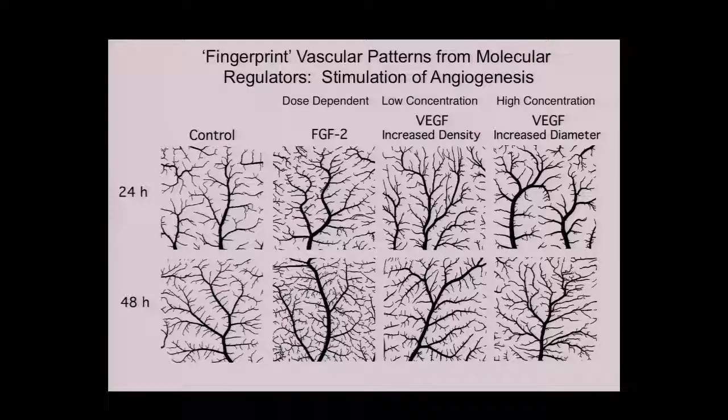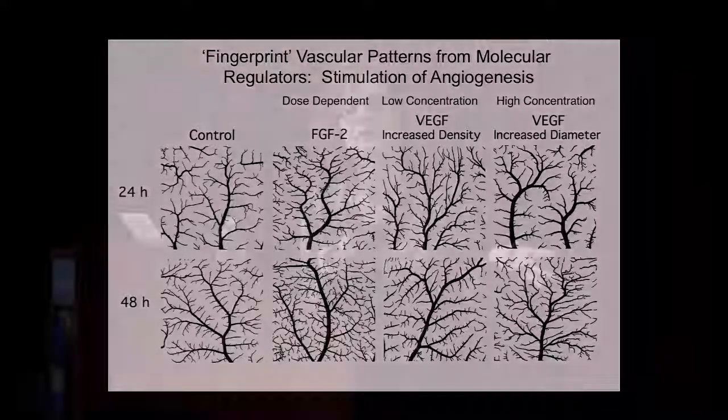demonstrate for you my initial observations looking at this system, and that the application of the major angiogenesis regulators, such as FGF2, VEGF, induced really the specific fingerprint or signature vascular patterns you see before you.